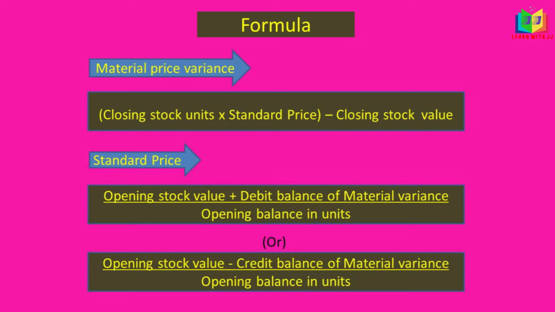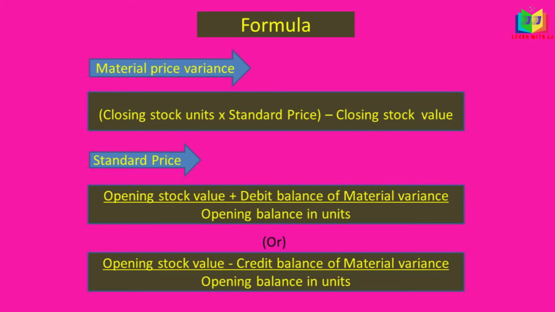The opening stock will also be available in the problem, right? We take that value here and add it to the debit balance of material variance. If the credit balance of material variance is given, we have to subtract that here: opening stock value minus credit balance of material variance.